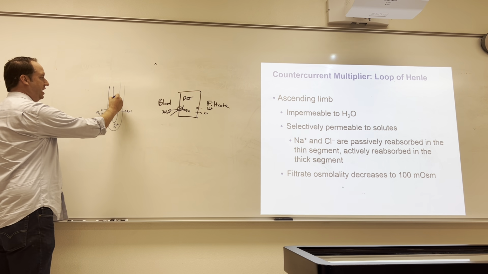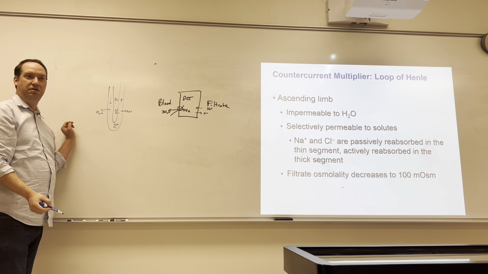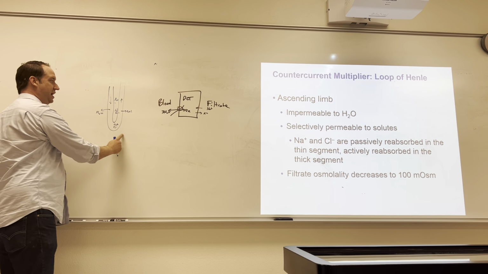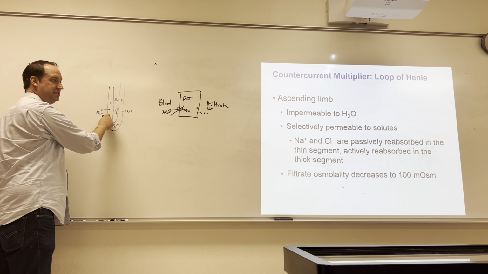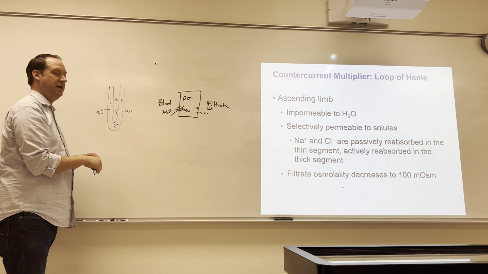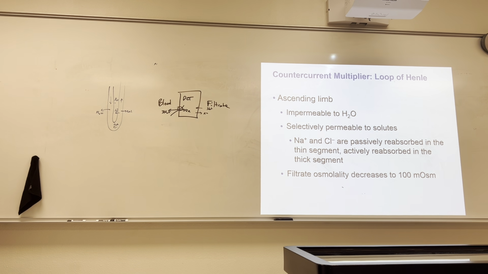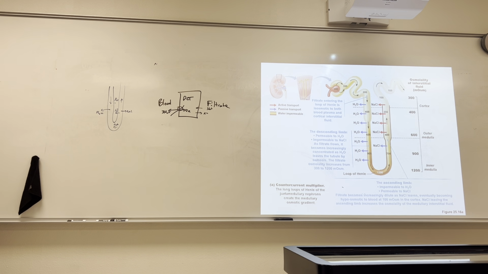But that sodium's just hanging out here now, so water can come out of the other side. Because sodium comes out of the ascending limb, it pulls water out of the descending limb, which allows sodium out, and it's just a cycle. It never ends. And as we come back up into the distal convoluted tubule, the osmolarity goes down to about 100.